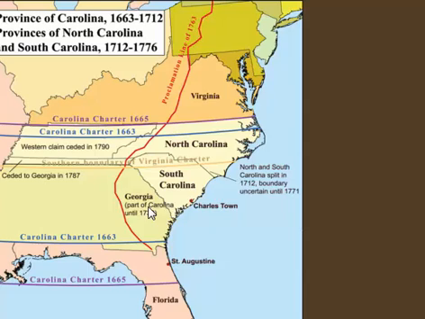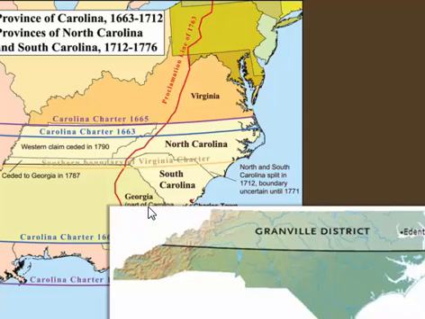And then the original proprietors who were granted this huge colony, most of them were willing to give it back to the crown, but the heir of one of them said, no, I want to keep that and get some money out of it. So we ended up with the Granville District, which was essentially a division of that original colony, as opposed to an eighth of the current state, but an eighth of the original colony.